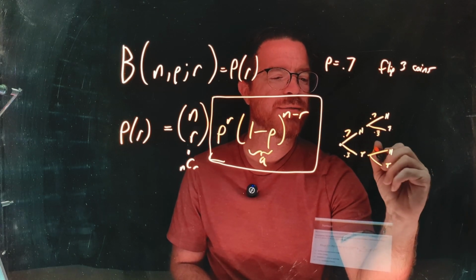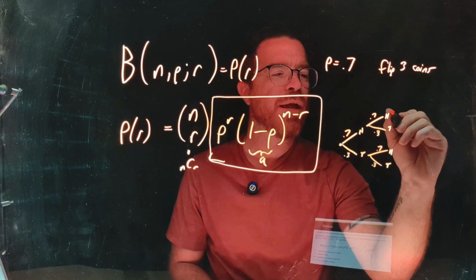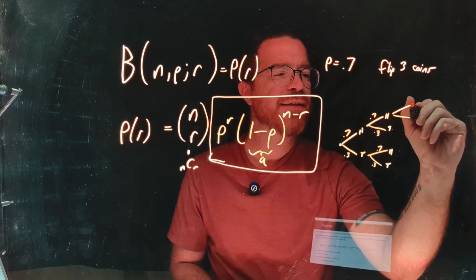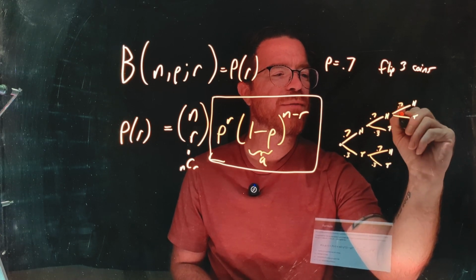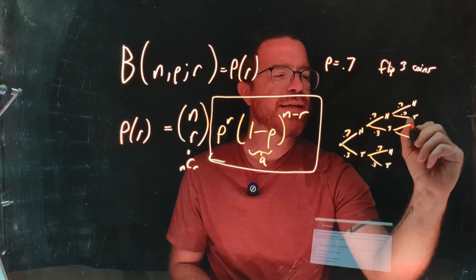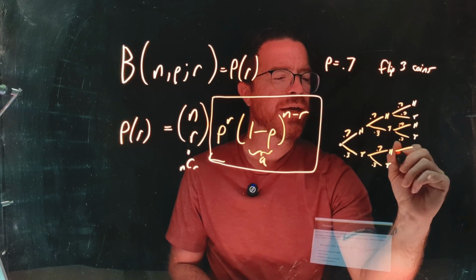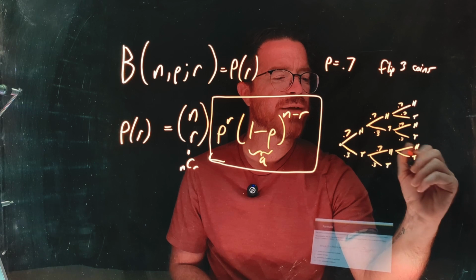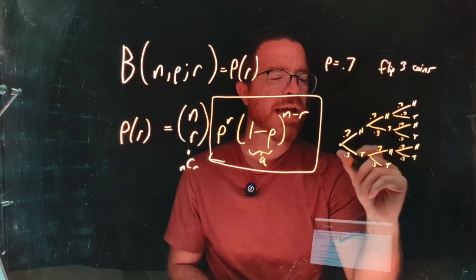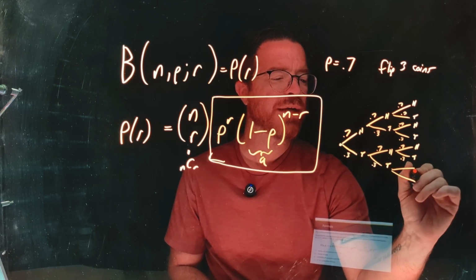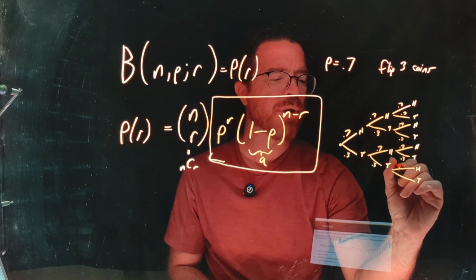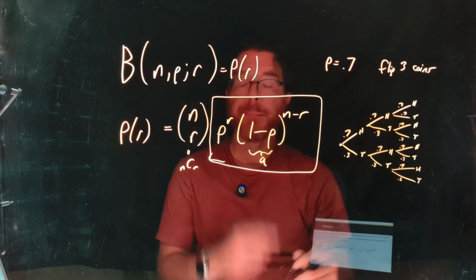I can get heads or tails, 0.7 or 0.3. If I get heads, heads, I could get heads or tails, 0.7, 0.3. If I got heads, tails, I can get heads, tails, 0.7, 0.3. If I get tails, heads, I could get heads or tails, 0.7, 0.3. And if I get tails, tails, I flip another coin, I can get heads or tails with probability 0.7, 0.3.